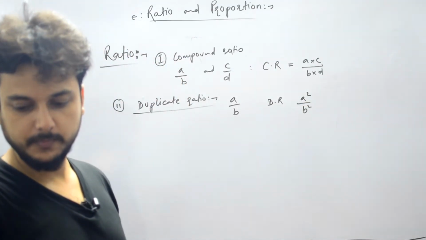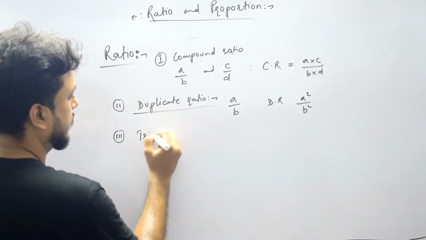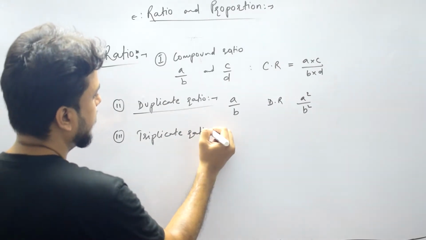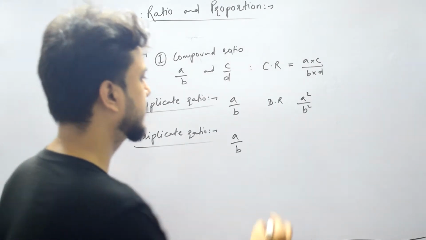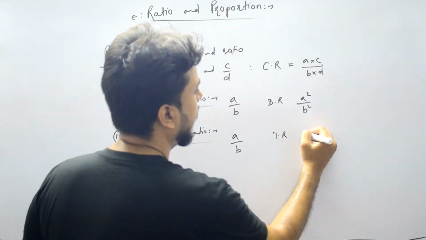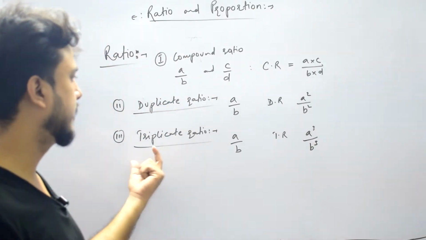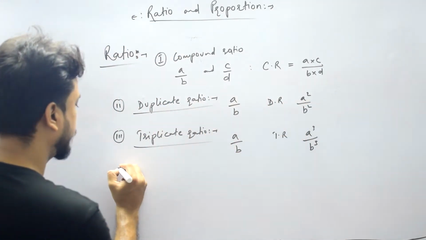Then comes triplicate ratio. Suppose we have A by B, its triplicate ratio will be A cube by B cube. Very simple. Triplicate cube, duplicate square.